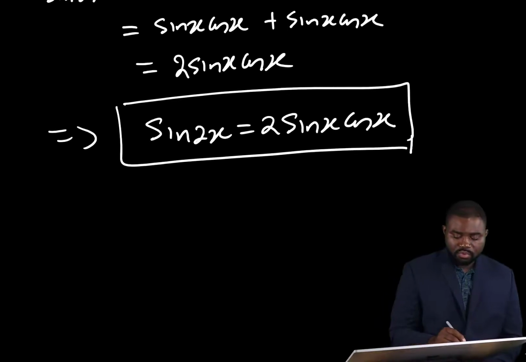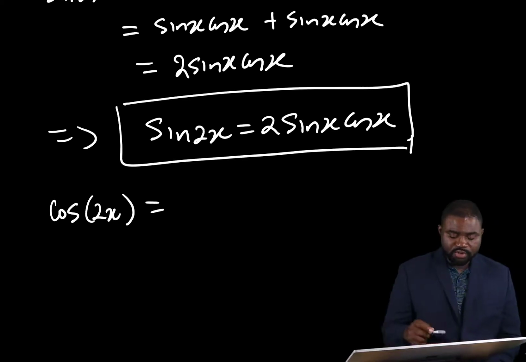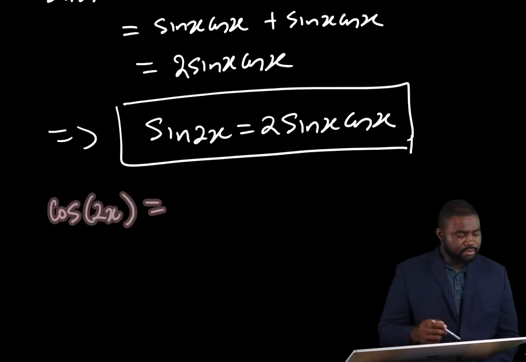Another example will be cosine 2x, which can be, sorry, we haven't talked about that one yet.